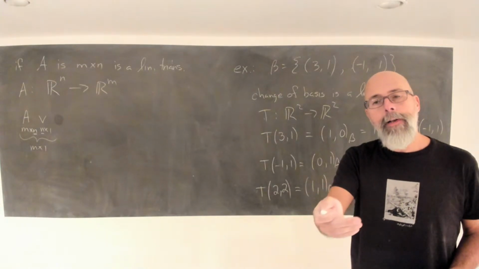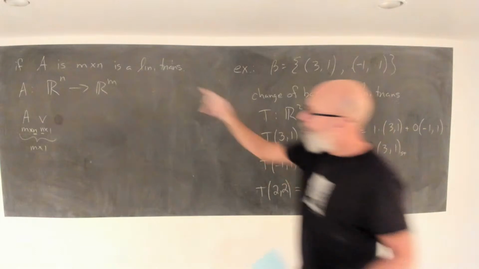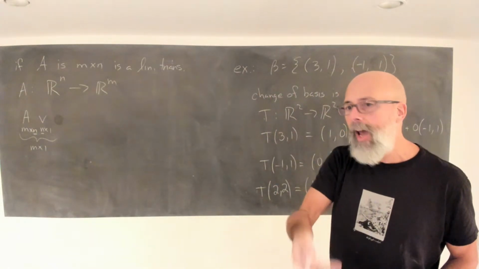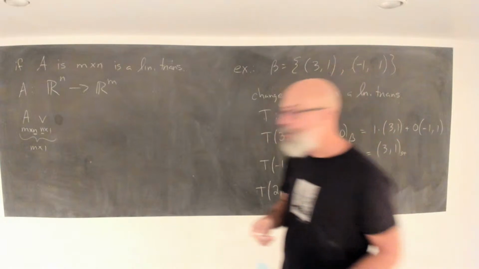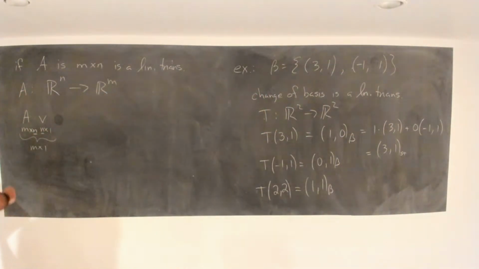But we also saw in class that every linear transformation from Rn to Rm may be viewed as multiplication by a matrix. And that was a very beautiful observation.